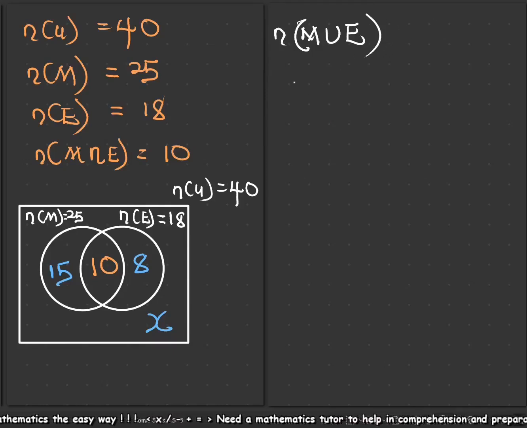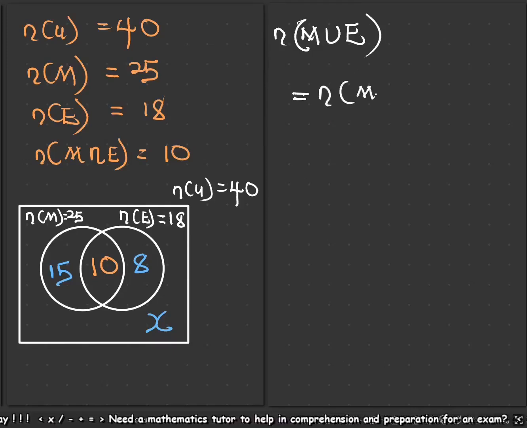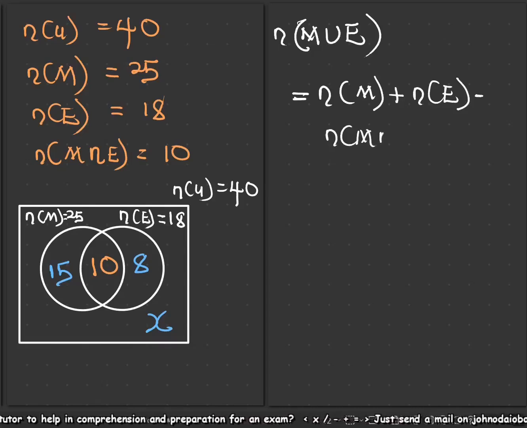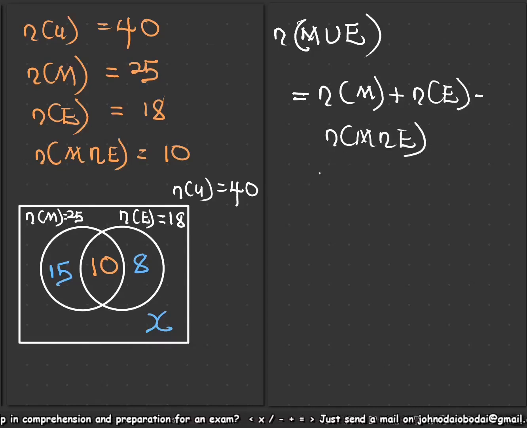So M union E is going to be equal to the number of students who offer mathematics plus the number of students who offer English, then minus their intersection. You see, so that is what we did earlier on. And that is going to be what? Number of students who offer mathematics were 25.